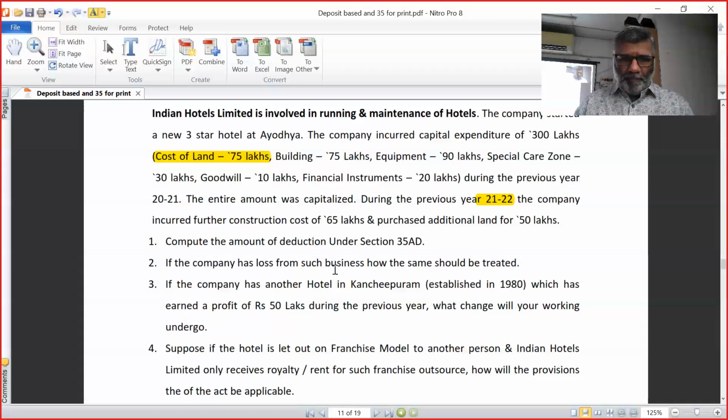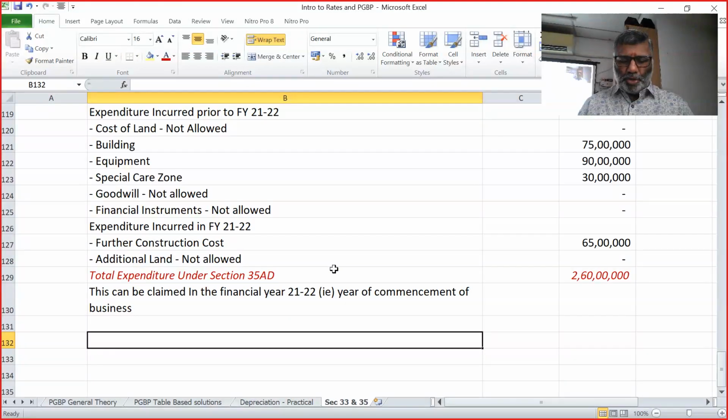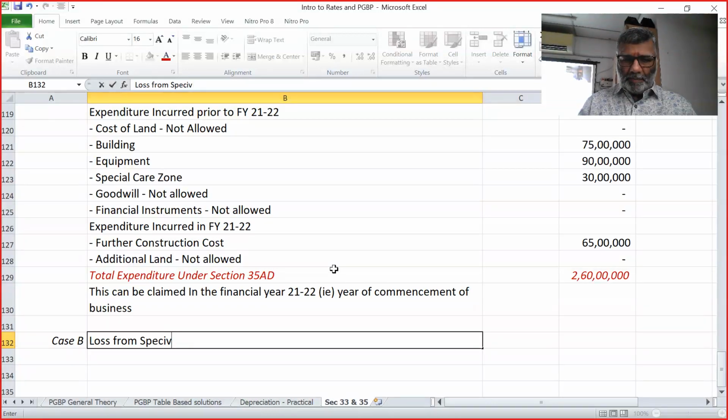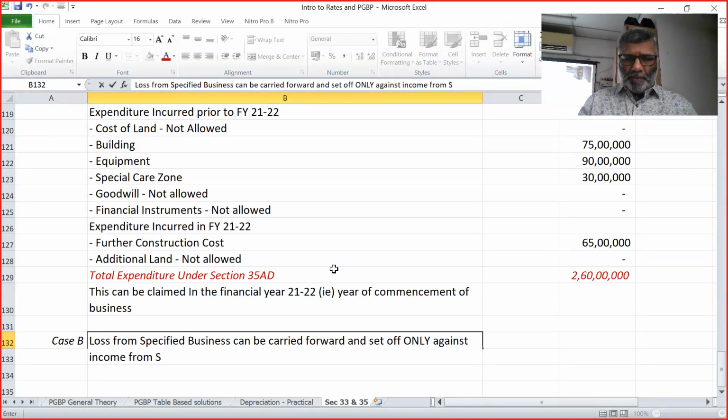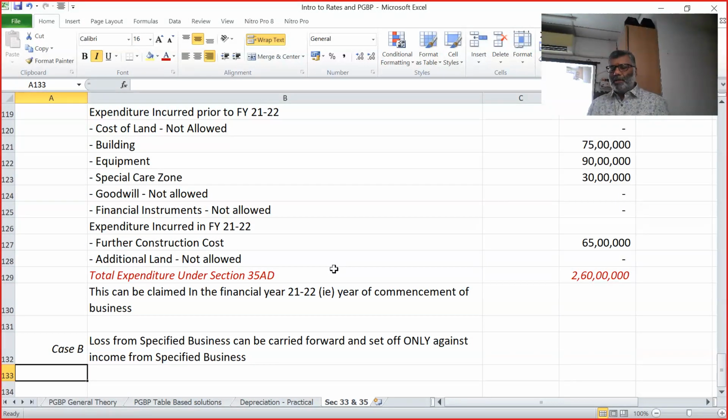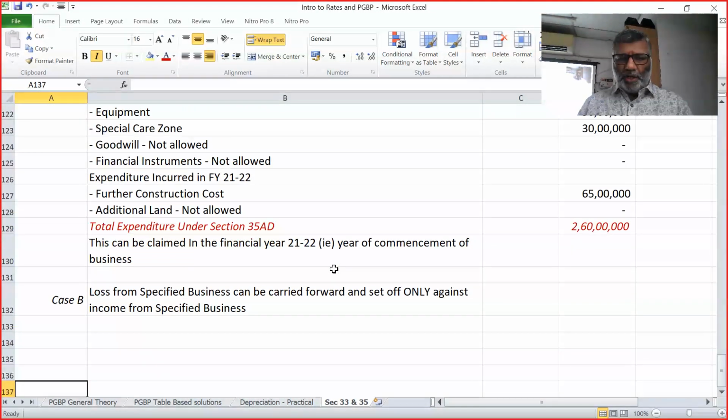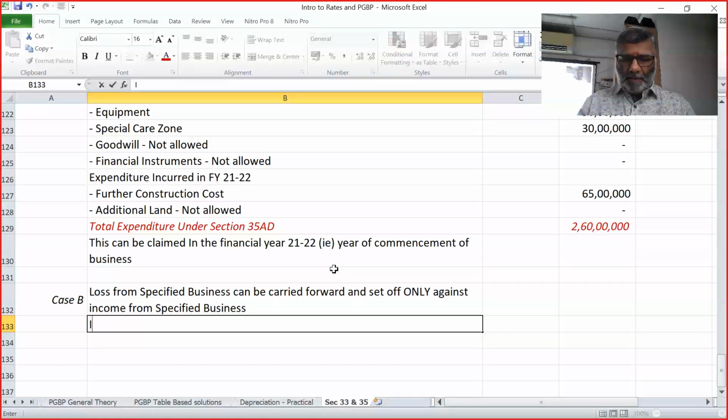Question number 2. If the company has loss from the said business, how should the same be treated? Loss from a specified business can be carried forward and set off only against income from a specified business.